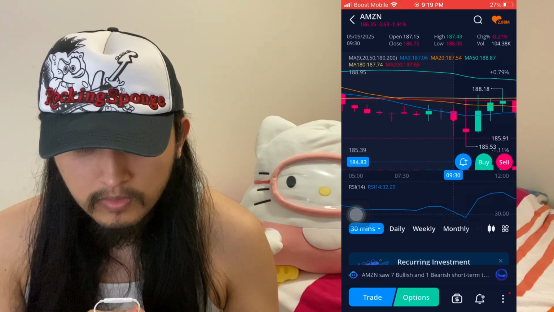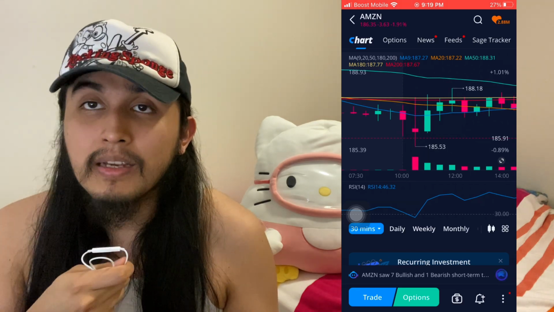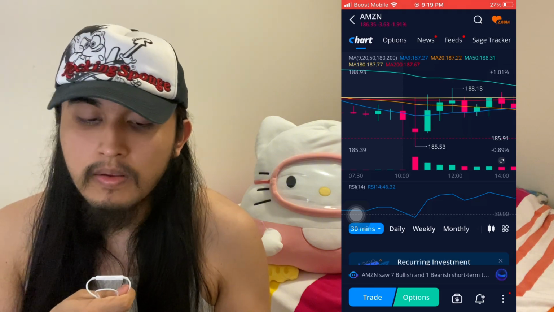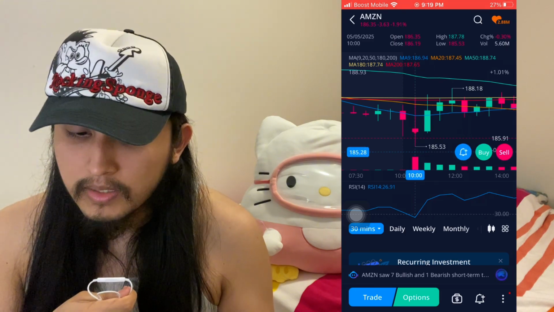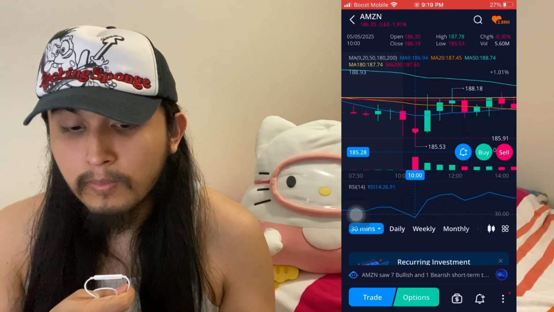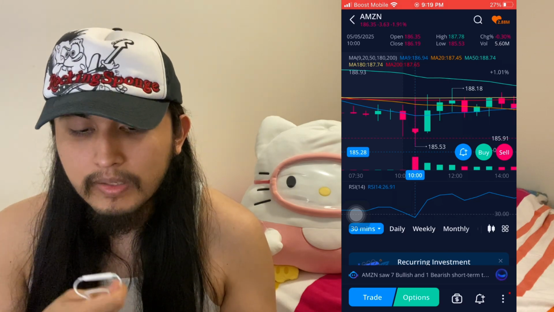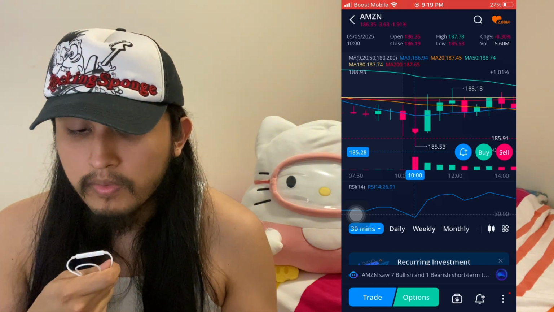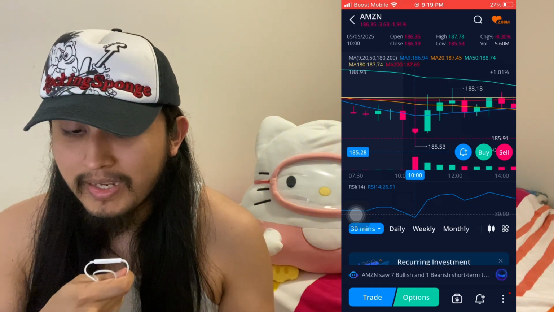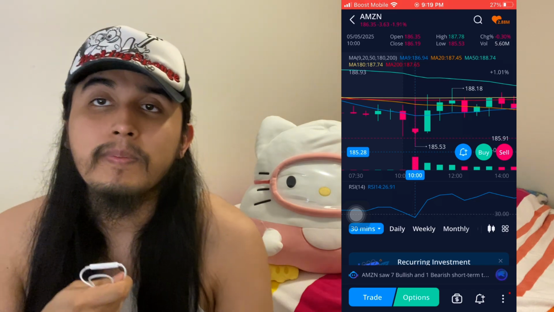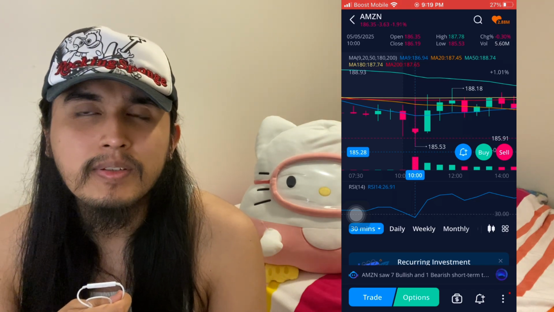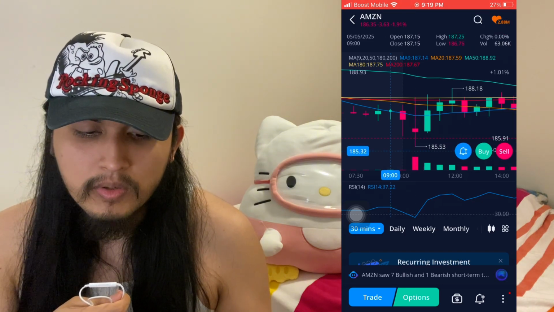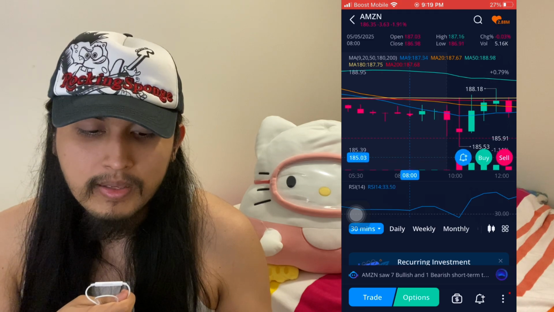Once I saw that, I figured if it does manage to break out of the 9-day moving average, it's probably going to get rejected by the 20-day, or the 200-day, or the 180-day moving average. It's probably going to keep this pattern and stay under those moving averages, if it had a hard time during the pre-market trying to break above the 9-day moving average.